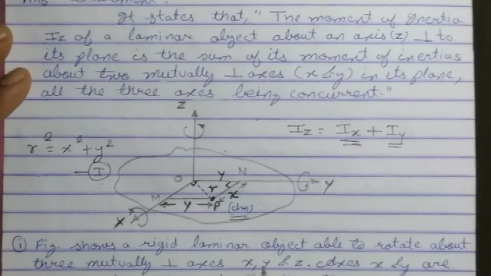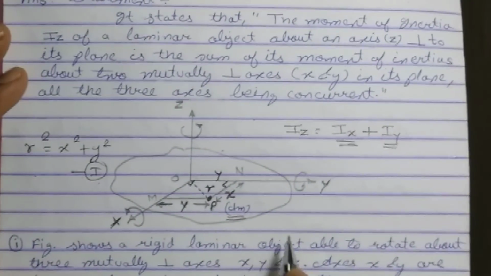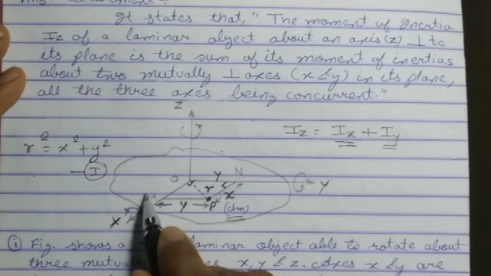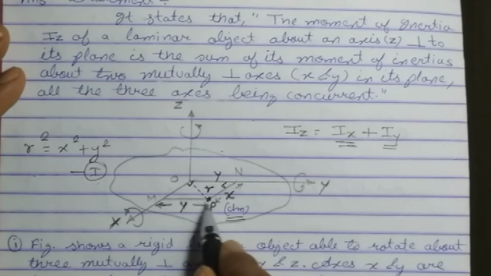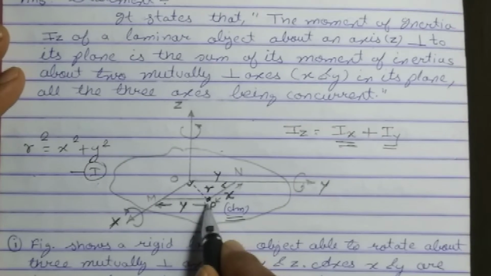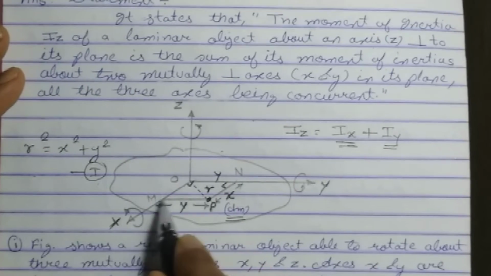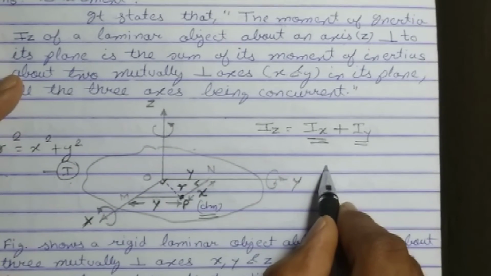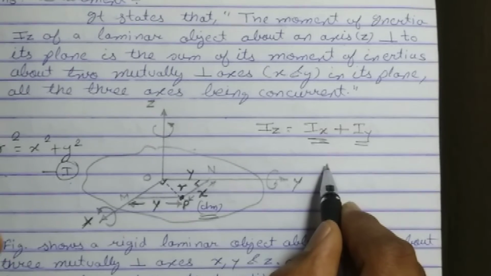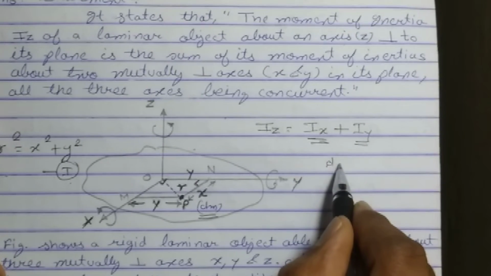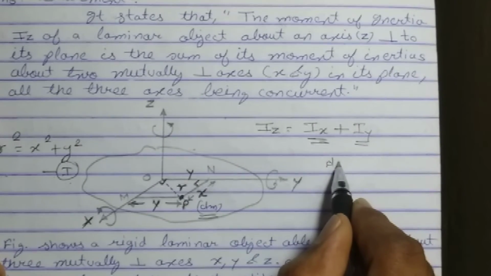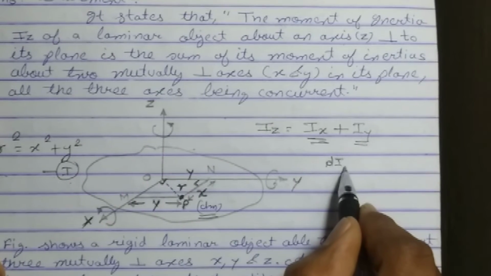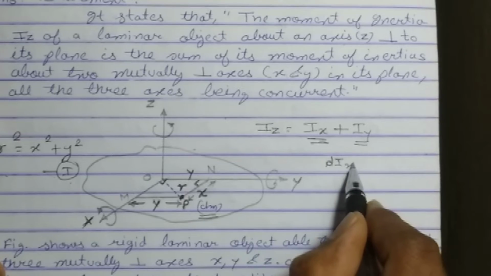Okay, students, now I am going to find the moment of inertia of this particular particle about the x-axis first. Let us find the moment of inertia of this point P about the x-axis. Since this particle is very small, having mass dm, I am going to consider the very small moment of inertia dIx of that particle about the x-axis.